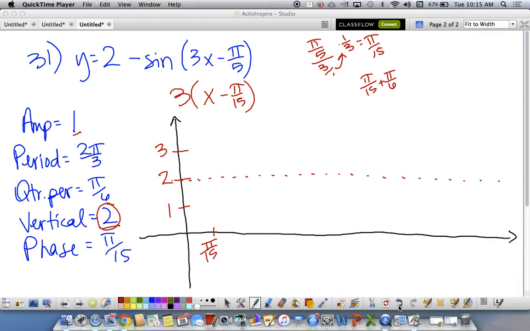What do you have to do? 30. Does everybody agree that it has to be 30? You just have to do the work, even when it's not pretty. So we have 2 pi over 30 plus 5 pi over 30. When we add that, we're going to get 7 pi over 30.